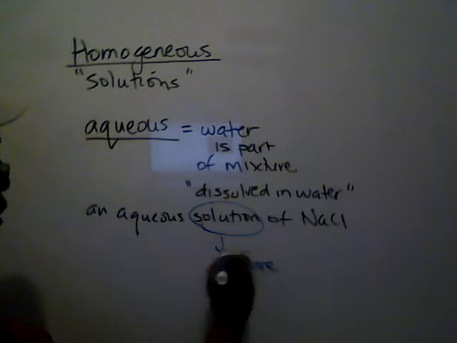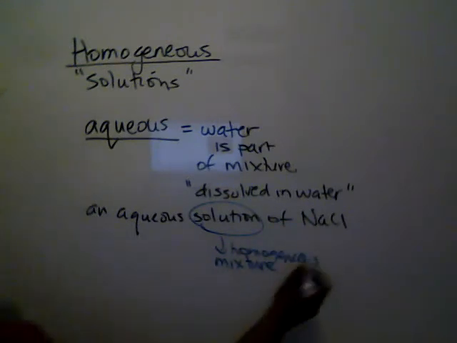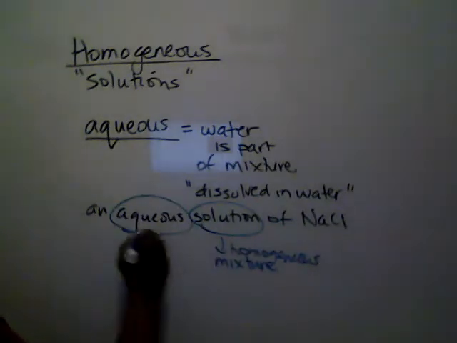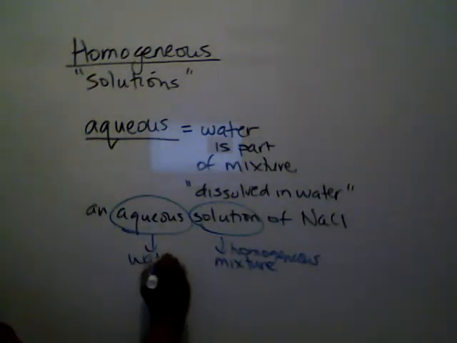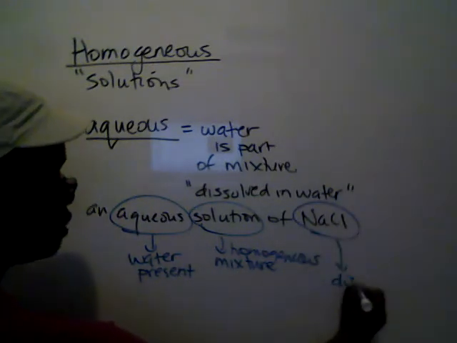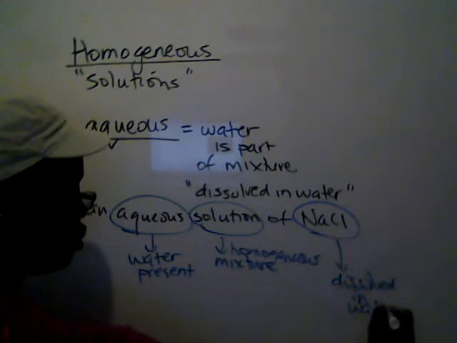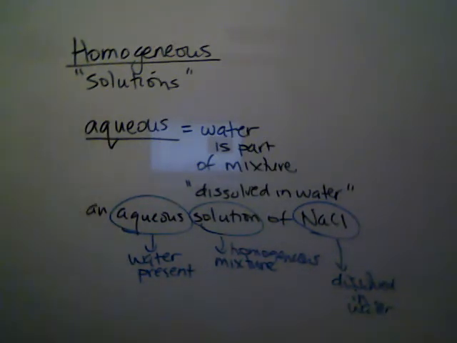And more specifically, it's a homogeneous mixture, because they use the word solution. Aqueous means that water is present. And NaCl is what's dissolved in the water. So the two compounds in our mixture are water and NaCl. That's how we can break down what this sentence means.